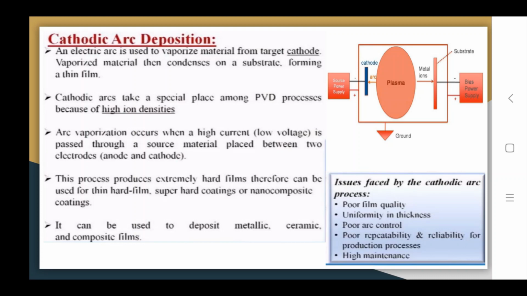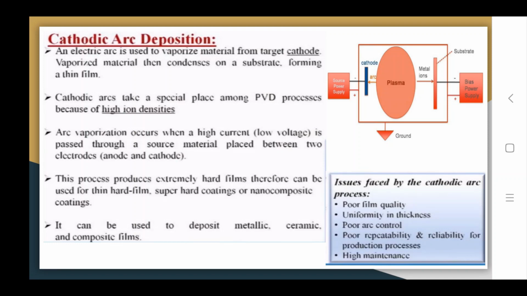So here you are using some cathode metal, then we are using plasma, the arc goes to the cathode side and the metal ions go to the substrate side. Here you are using a power supply, with a high potential difference between your cathode and the anode material.